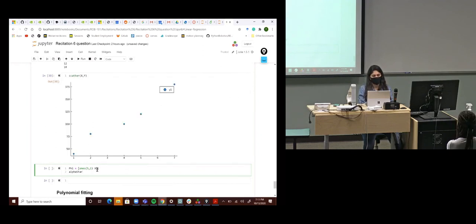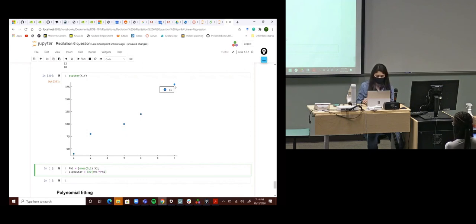Okay. So we see these points, and what we want to do is fit a line across these points. How do we do that? Well, we will take the shortcut in the interest of time.